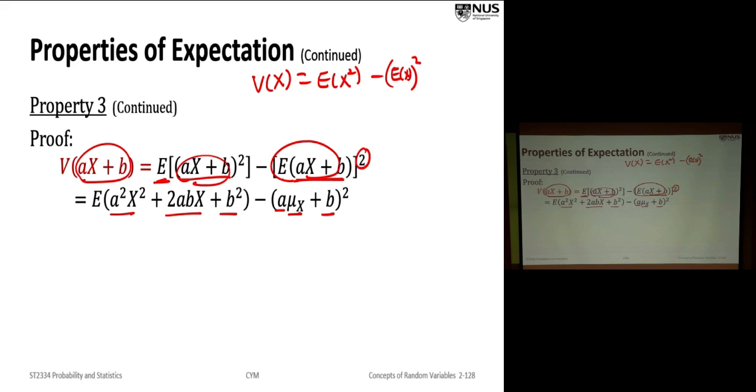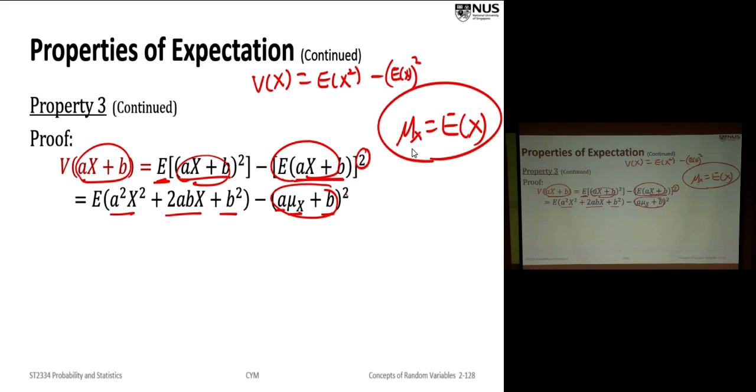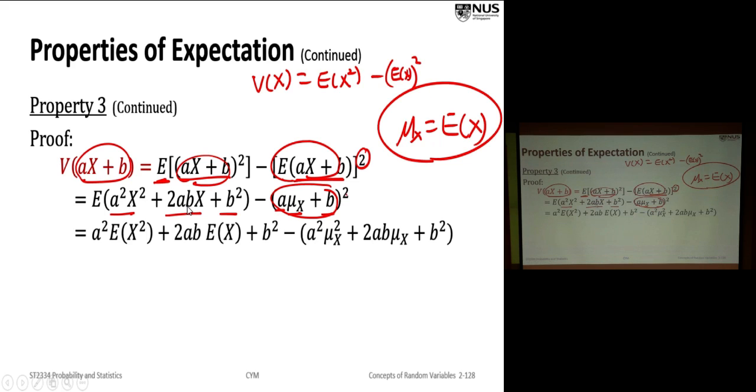So after you take the expectation, this is a constant. It's just the square of a constant. The constant is a times mu x plus b. Remember, mu x is another notation meaning the expectation of x. Okay, how about the first expectation? Now I apply the linearity property of the expectation.